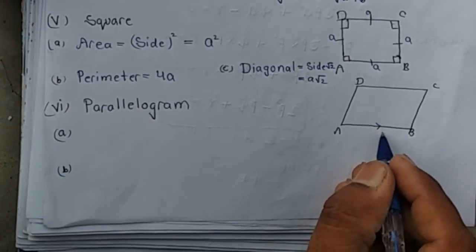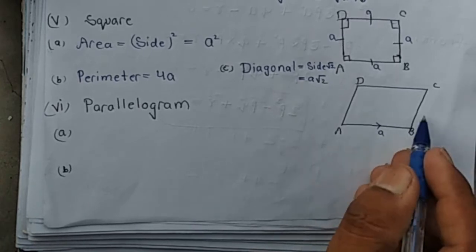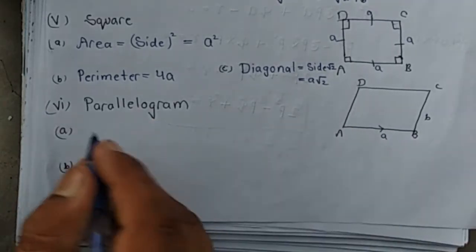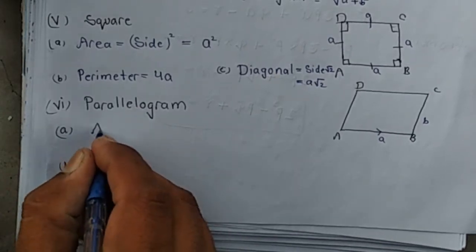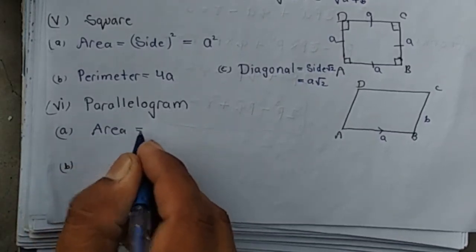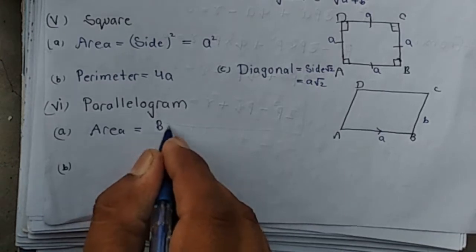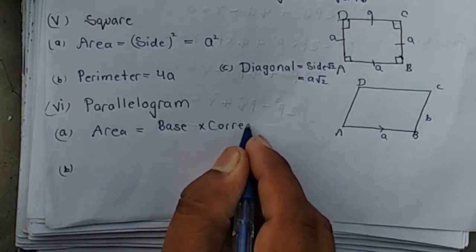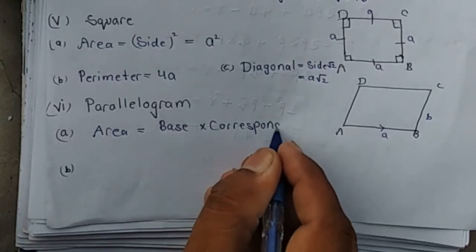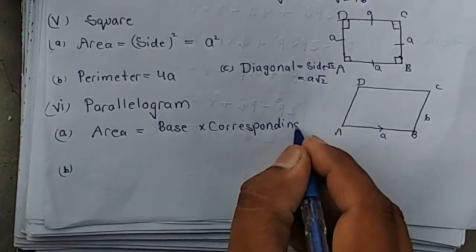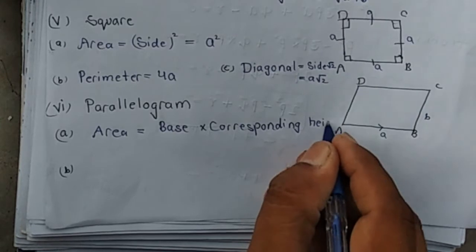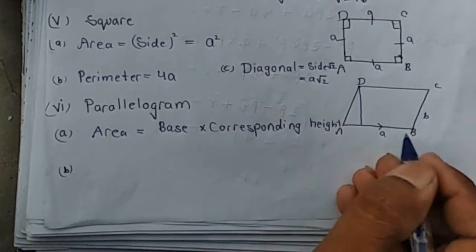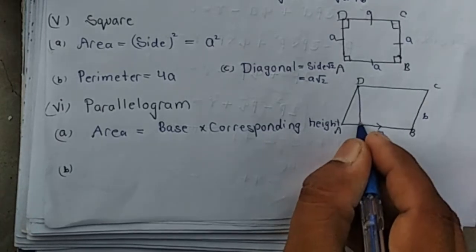Parallelogram. Suppose its length is A and the adjacent side is B. Then the area is given by base into corresponding height. Suppose the base is AB and the corresponding height is DM.